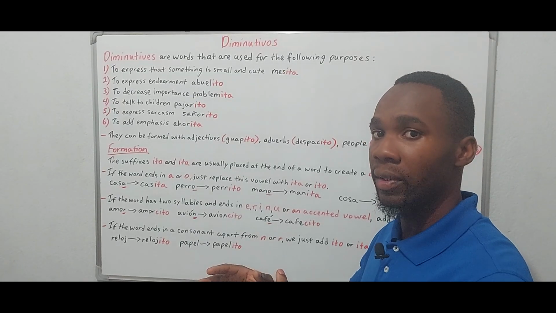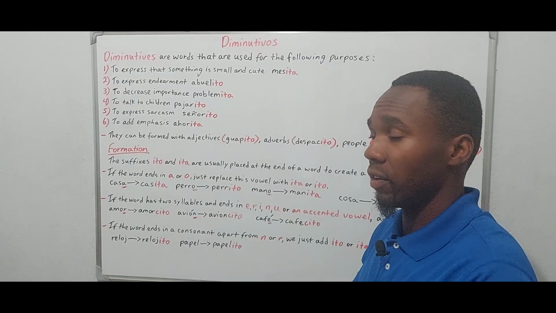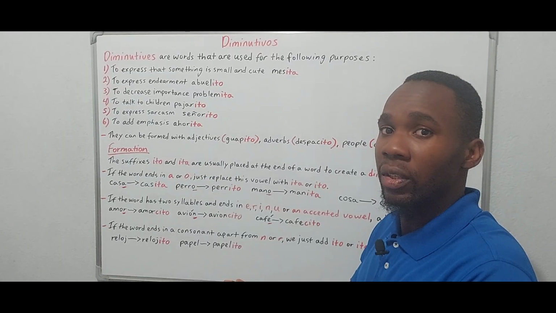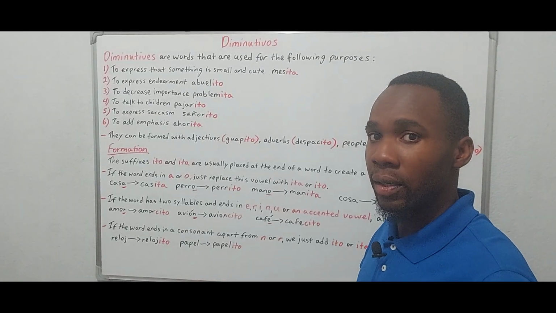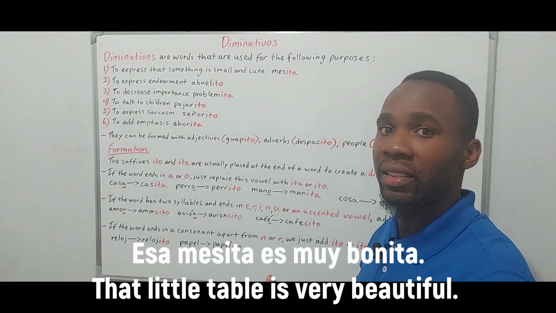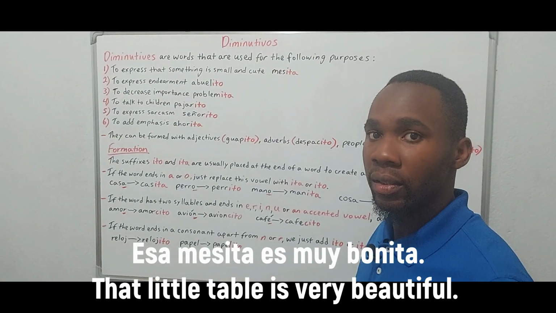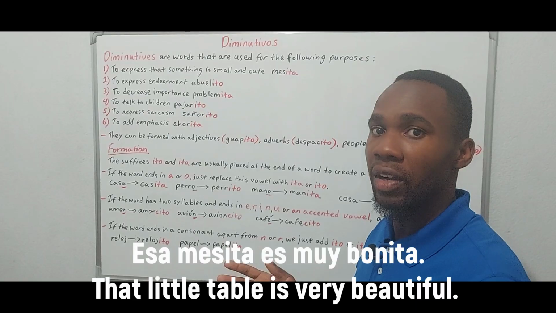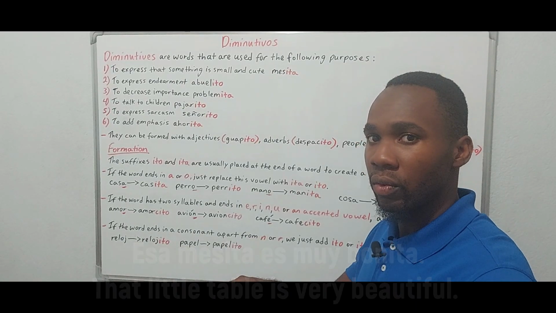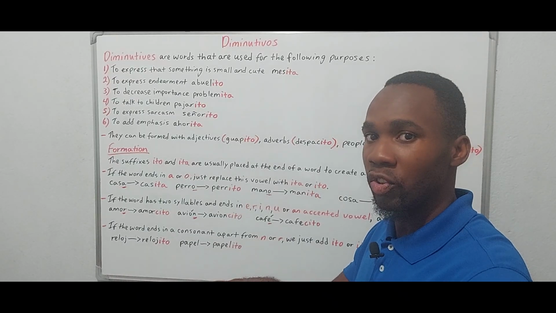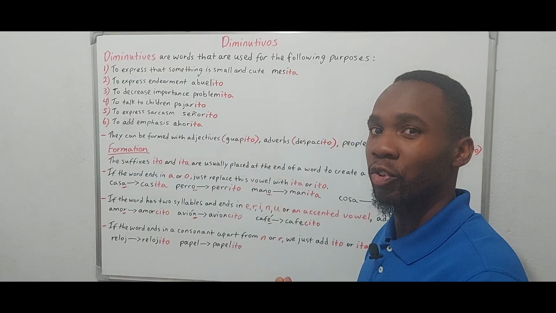If you have a table that's small and adorable, like a table you would find in an infant classroom, you could say: Esa mesita es muy bonita. So that little table is very beautiful. That just means that the table is not only small, but also cute.